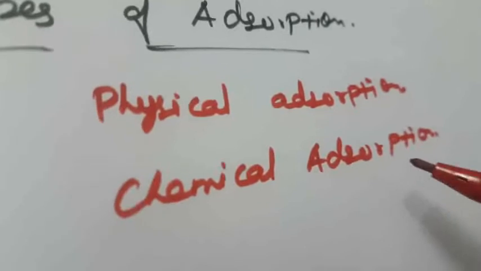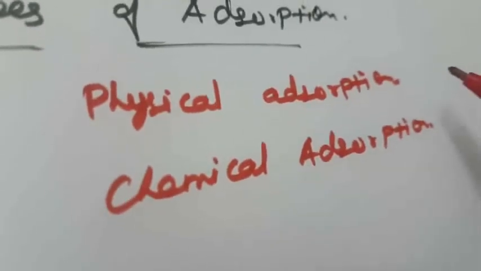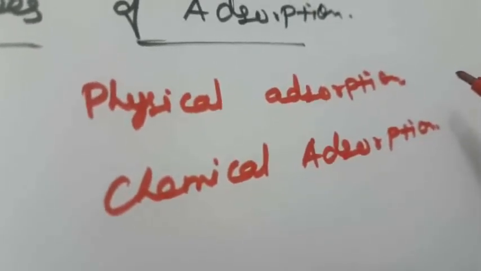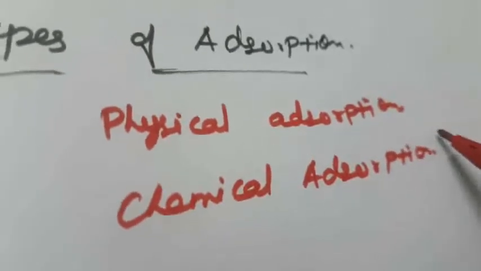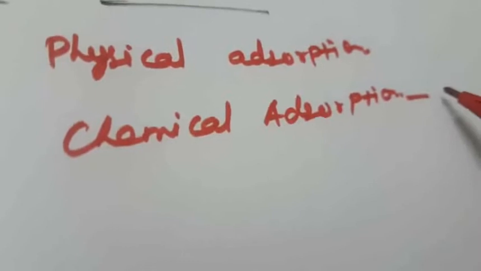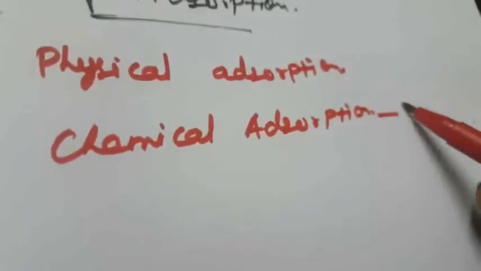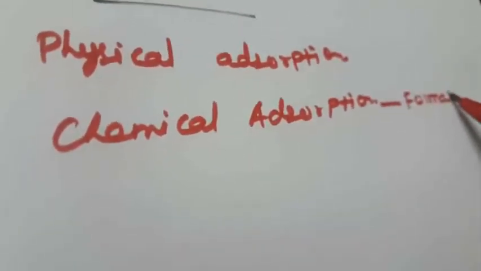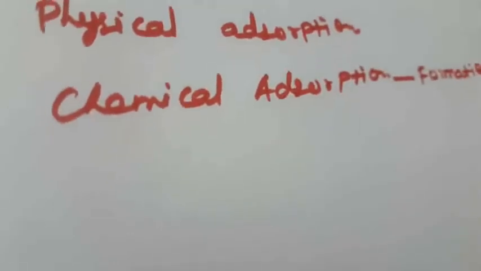In chemical adsorption, the gaseous molecules are held to the surface by formation of a chemical bond. What is meant by chemical adsorption? The adsorbed molecules are held to the surface by formation of a chemical bond.